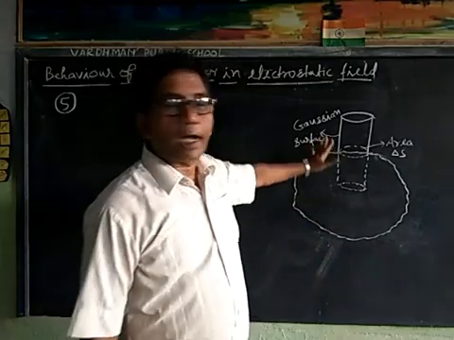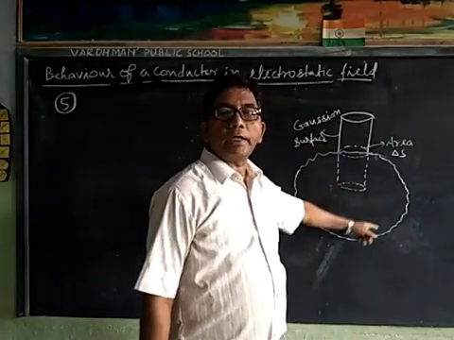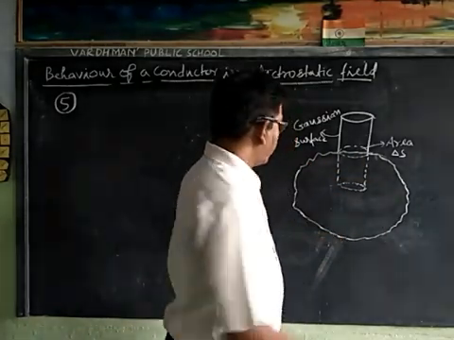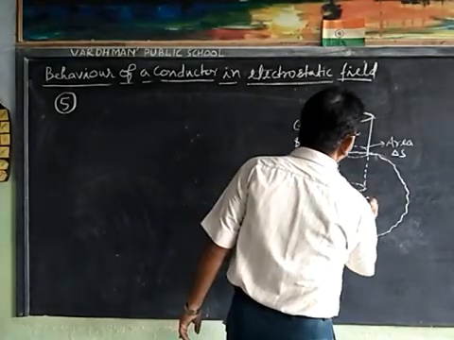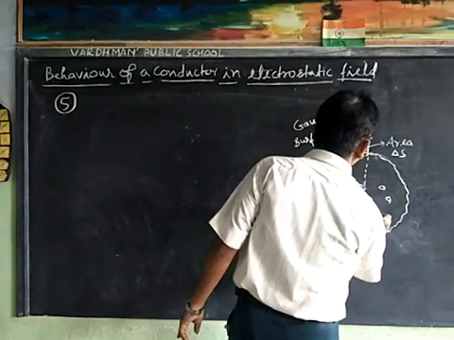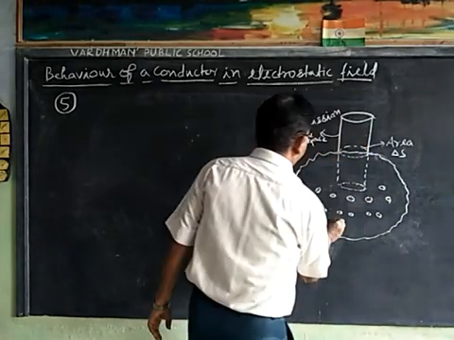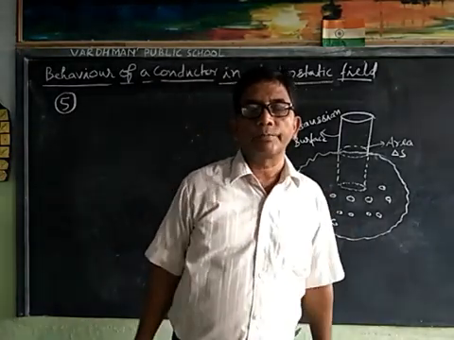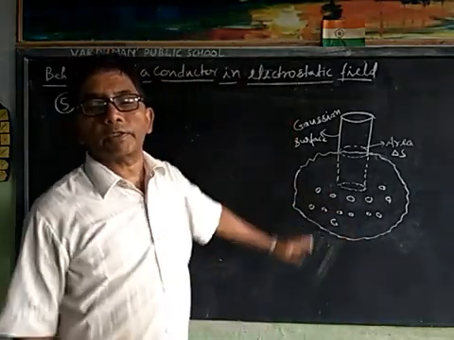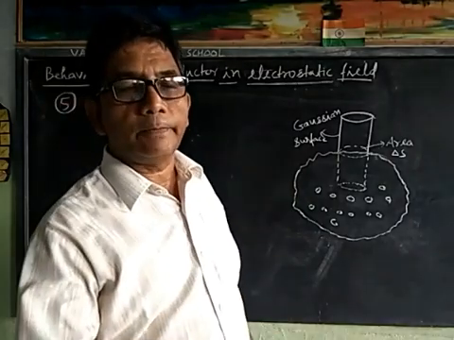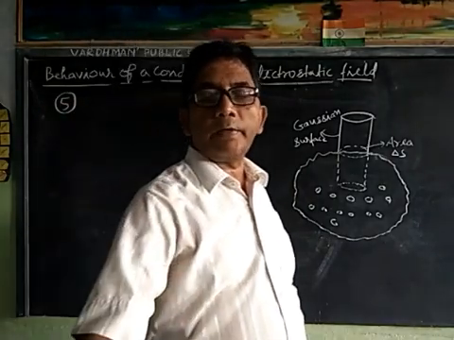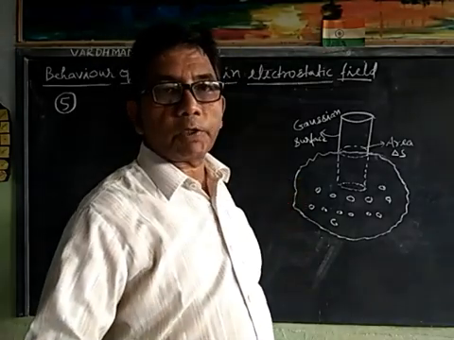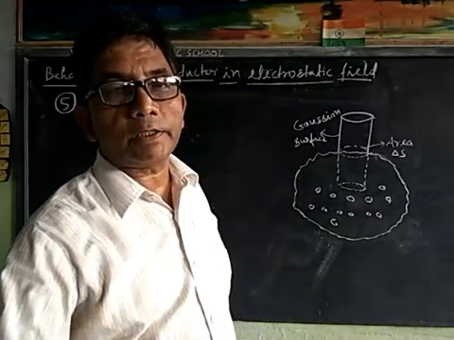Consider a charged conductor of irregular shape, in which sigma is the surface charge density at any point of its surface.